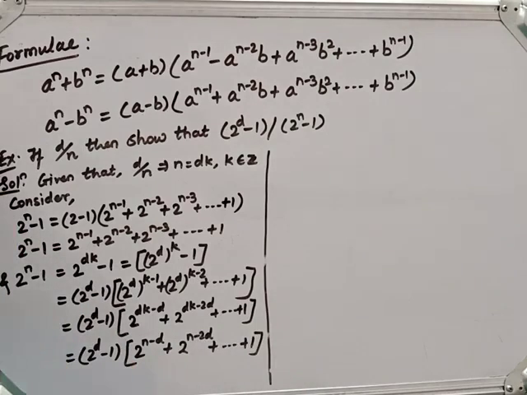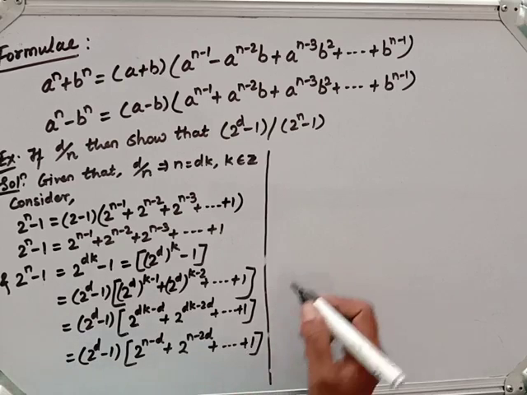As such we will get. Now here these all are what? Integers. n is an integer, d is an integer, so 2 raised to that power is also an integer. So this is an integer.